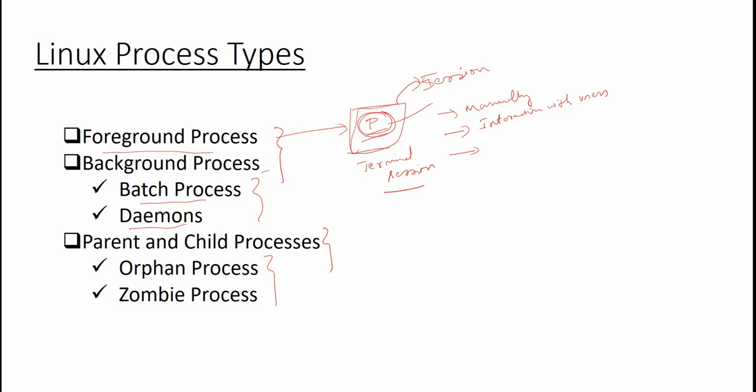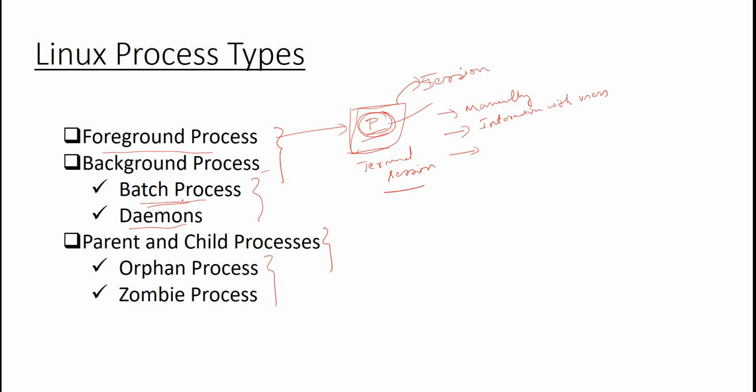Now we have seen manual execution of a background process. There are other types of execution in which we can execute automatically as well. For example, in case of batch processes, we can schedule a script to run at a particular time using schedulers like crontab. In that case, we do not need to log into the terminal session to execute the script. That script will be automatically scheduled by the corresponding scheduler.